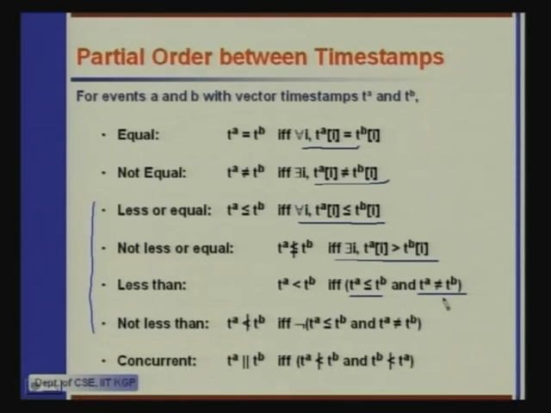Not equal, Ta not equal to Tb. So, this less than or equal to means that in every dimension Ta is less than or equal to Tb, and they are not equal in all the dimensions. If they were equal in all the dimensions, it would be equal. So it means that in at least one of these dimensions this will be a strict less than. That is what it means.